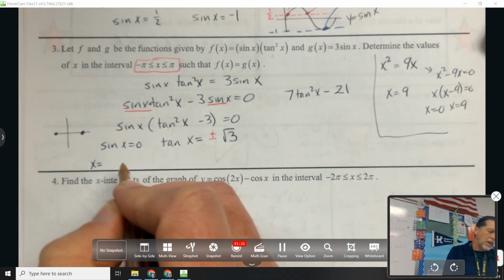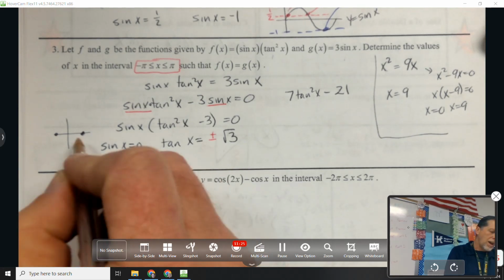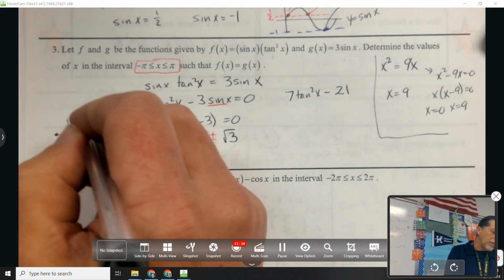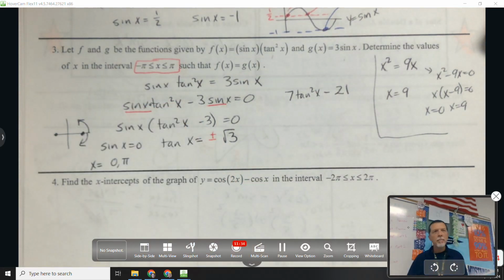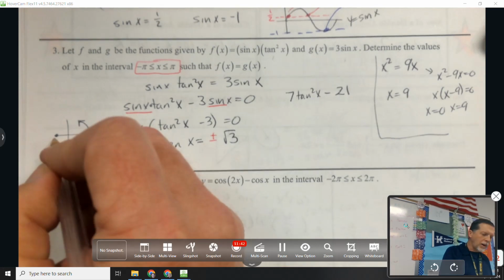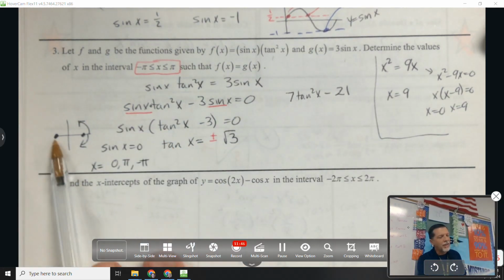So that would be 0 and pi and 2 pi, but I can't really use 2 pi. So I've got to think about going this way and going this way. I think there's one more answer to be had. Negative pi. Which is maybe a little weird because negative pi and pi are the same spot, but I can get there 2 different ways.